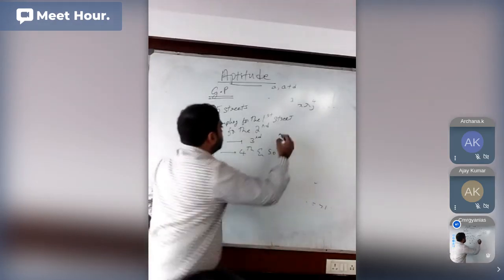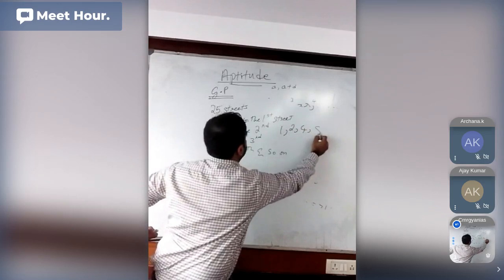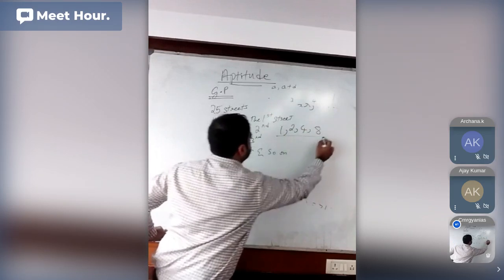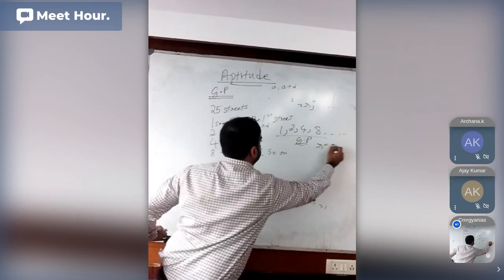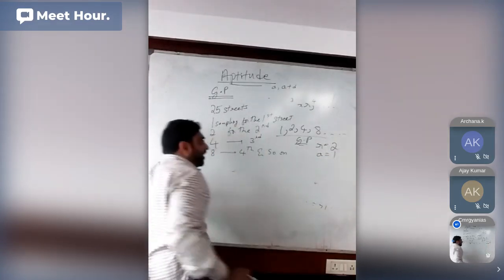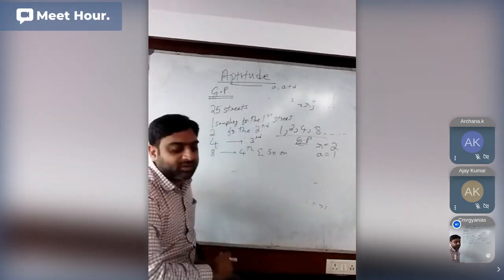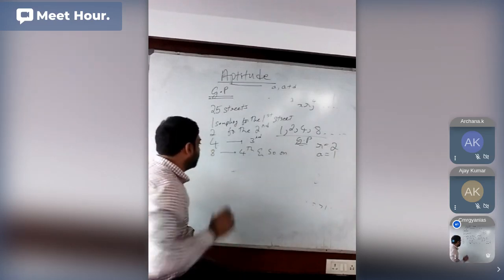So again, here is what the series is: 1, 2, 4, 8, like this. So this again is a geometric progression, and again r is equal to 2 and a is equal to 1. It says and so on. The question is, how many saplings are required?